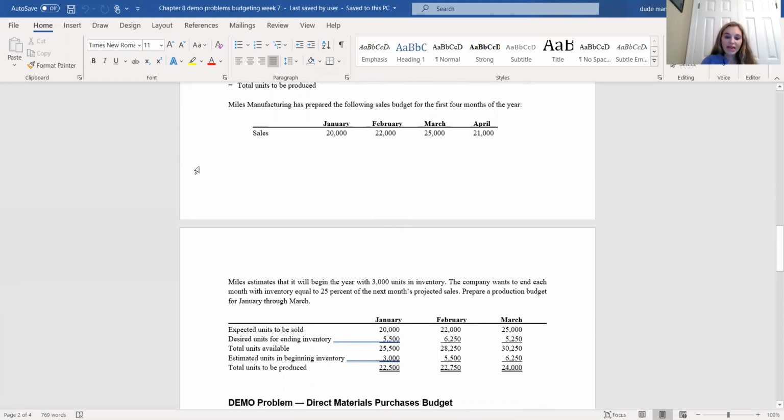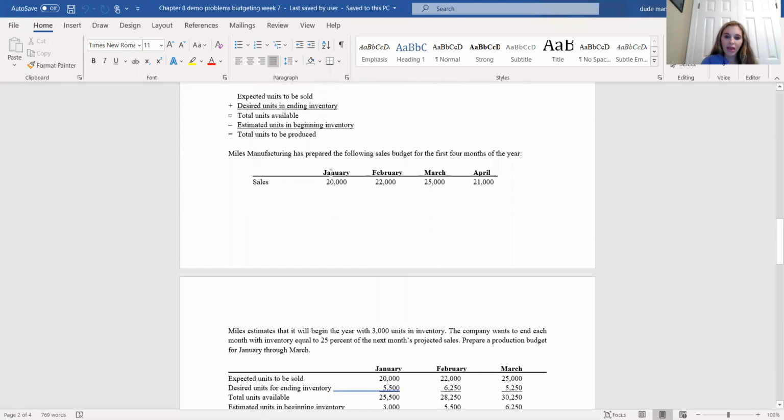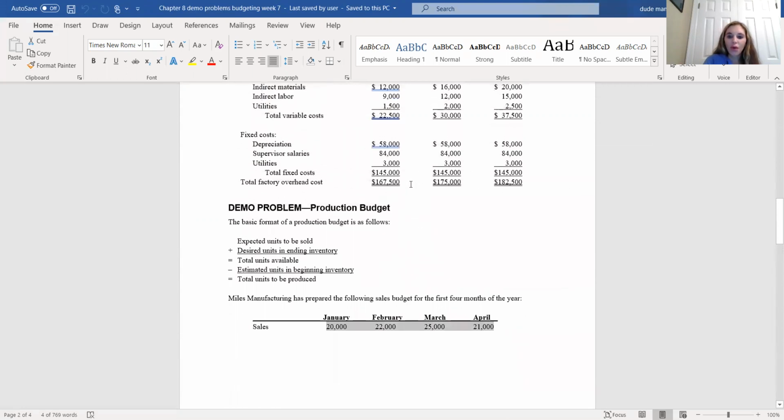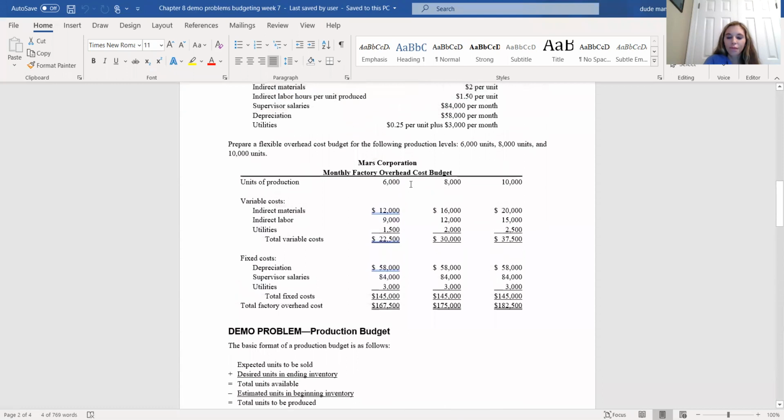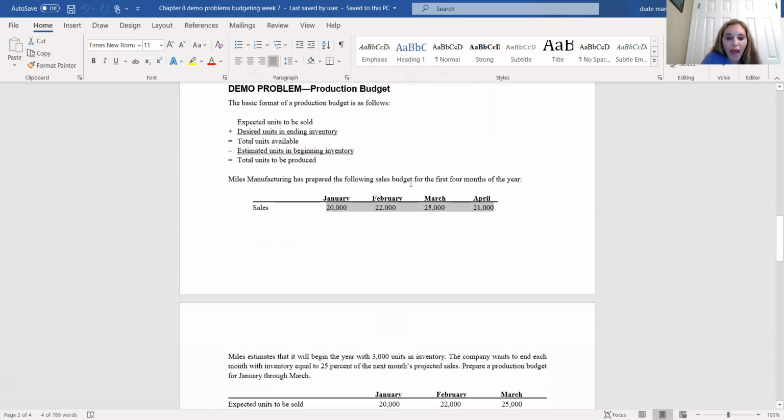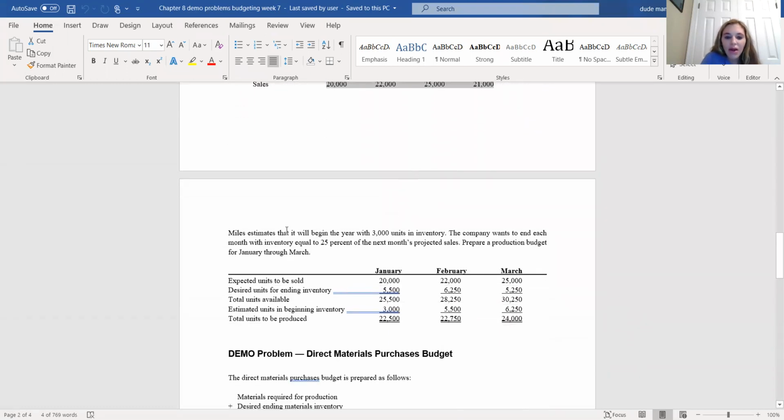So in this example, we're given the sales figures that we are expecting, the sales budget for the first 4 months. Now, the desired ending inventory, we would have to go back to our given example. Here it says that they begin the year with 3,000 units in inventory. They want to end each month with 25% of the next month's projected sales.